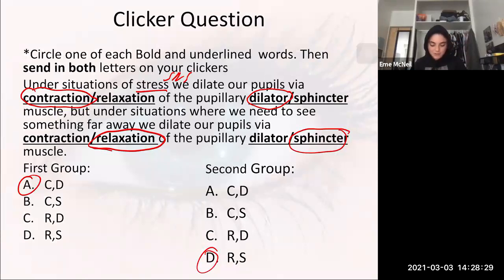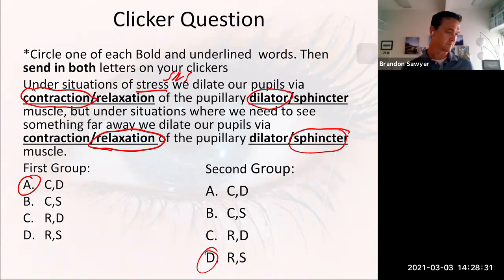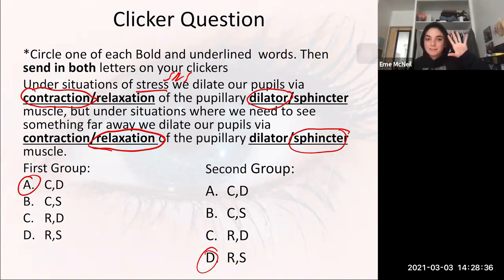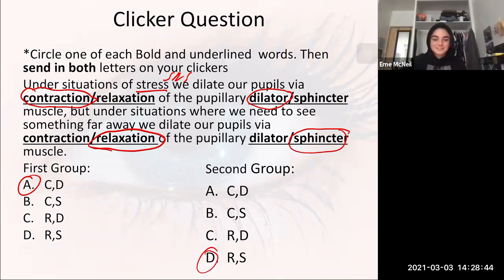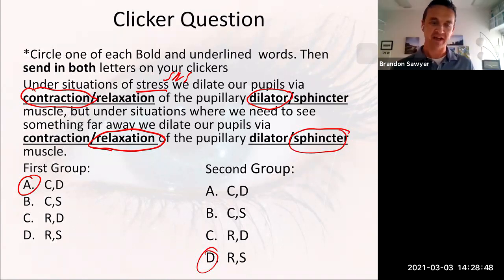For the first one, I thought you said if we're being attacked, our pupils would get really big. Wouldn't that be relaxing the muscle? We're talking about the other muscle, right? Oh, yeah, that's where this is confusing. That's exactly why I added this question for this year. I hadn't had these in the slides previously.